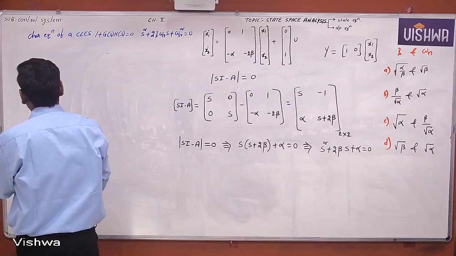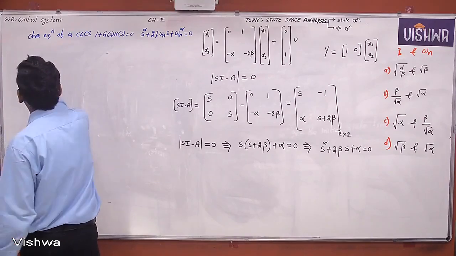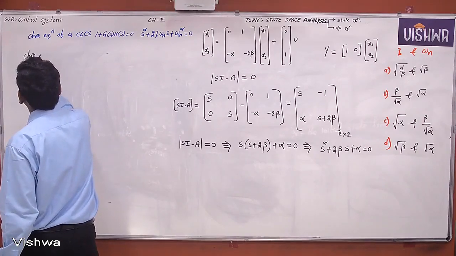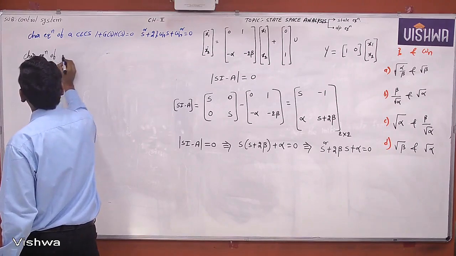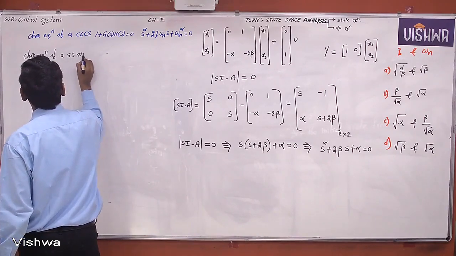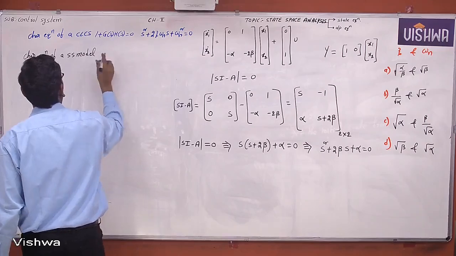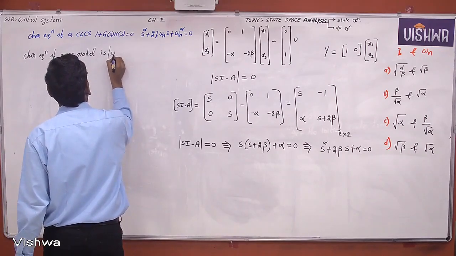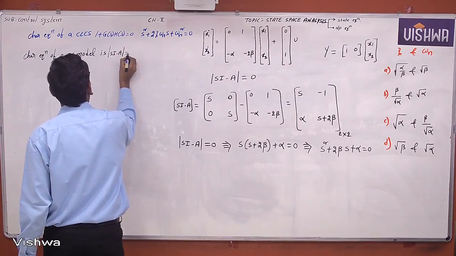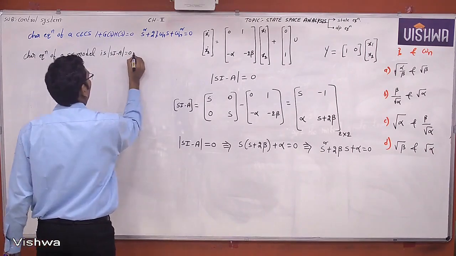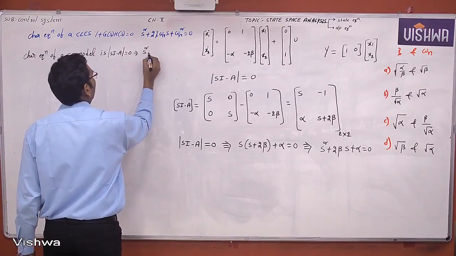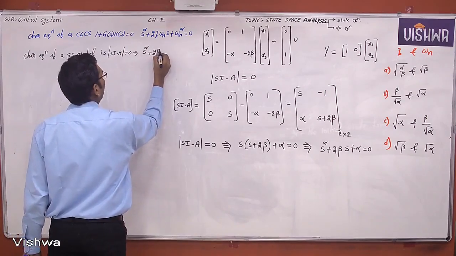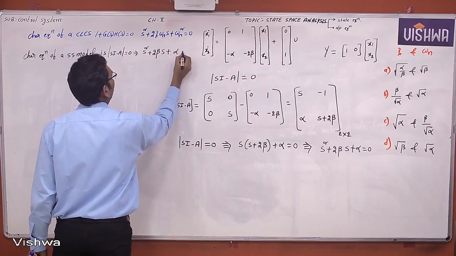Now what is the characteristic equation of a state space model? The characteristic equation of a state space model is determinant of sI minus A equal to 0. Now you are getting s square plus 2 beta into s plus alpha equal to 0.